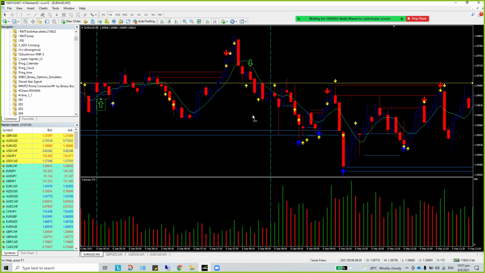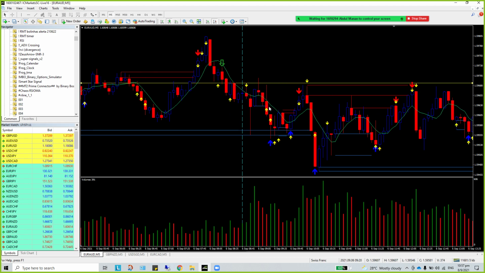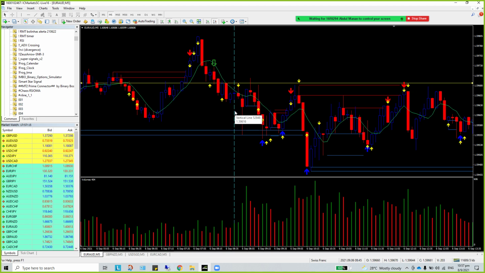Regarding the moving average support and resistance, should we consider it only from the previous candle? Previous candle means which candle? If this is a sell signal, then the previous candle is this, and the moving average is at this point. You can see my vertical line, right? That is the second signal.